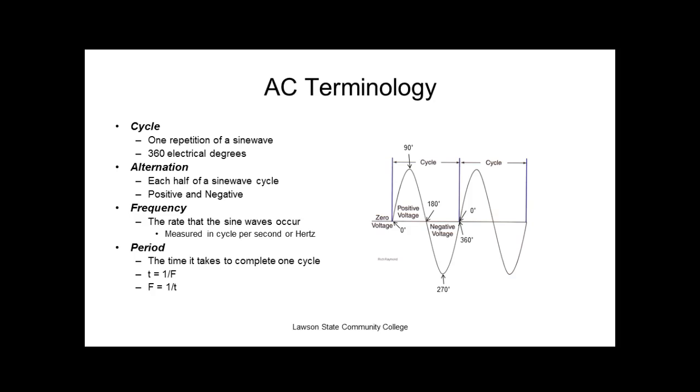So a cycle is one repetition of a sine wave, 360 electric degrees. Well, this is not exactly true. A cycle is one repetition of a repetitive waveform. There are different repetitive waveforms that are not sine waves, which we'll look at at the end of this class. Sine waves are just the way power is generated.